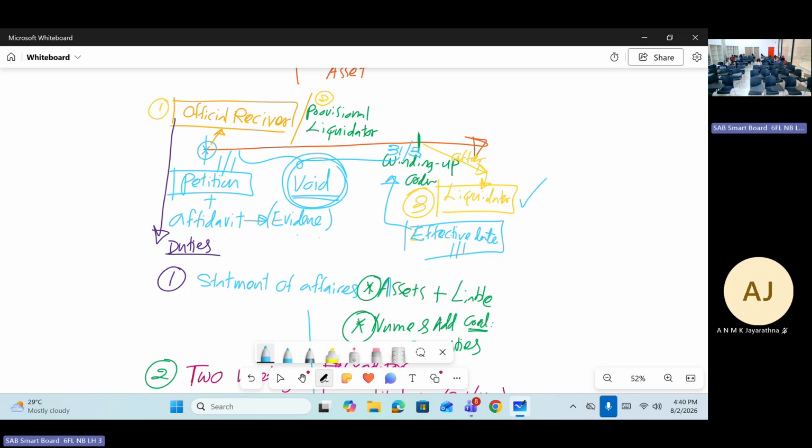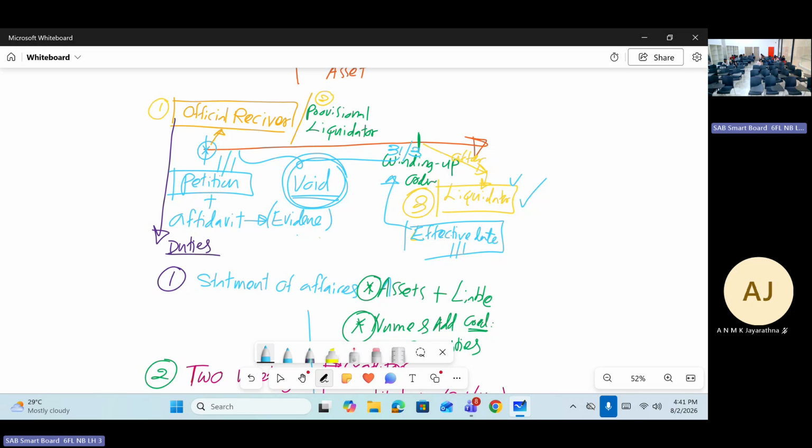After the winding up, a liquidator is to be appointed. Generally, in practice, the same party will be appointed as the liquidator.